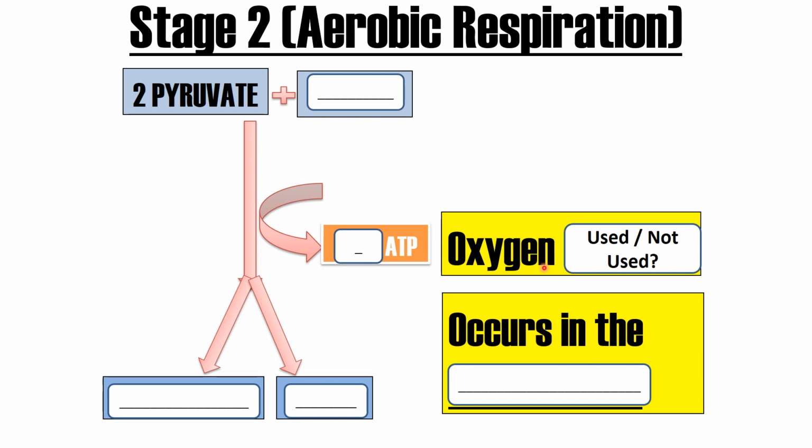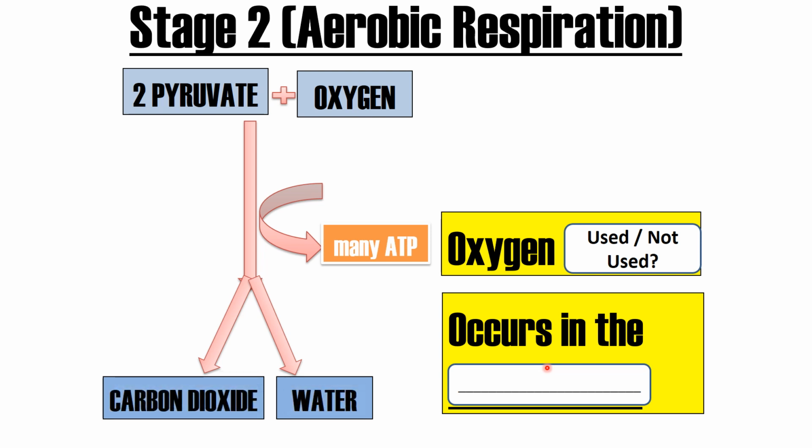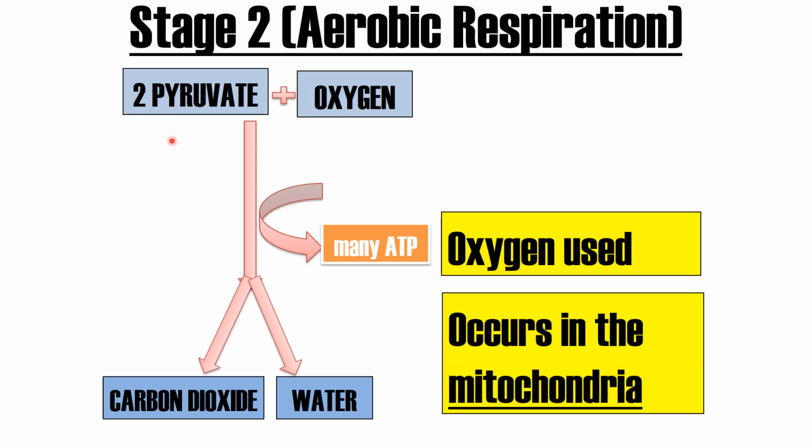The 2 pyruvate combine with oxygen, and when that occurs, they are broken down with the production of many ATP to carbon dioxide and water. And clearly oxygen is used, and this occurs in the mitochondria. So the 2 pyruvate are produced in the cytoplasm, and they move into the mitochondria for stage two.